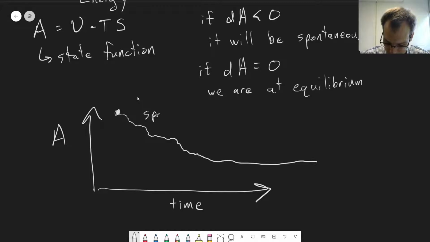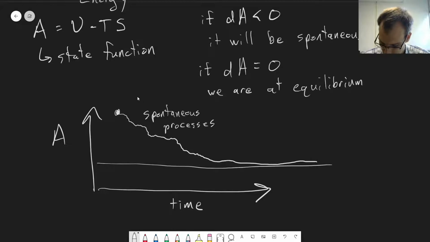So we can think of these as different spontaneous processes that decrease the value of A, and then eventually we reach a minimum value of A, and that occurs when our system is at equilibrium. So maybe we have our system at constant temperature and volume, and there are reactions happening. The reaction will proceed up to a certain point, and then we reach equilibrium and it stops changing. So the concentrations don't change anymore. And we'll be looking at cases like that later in the semester.